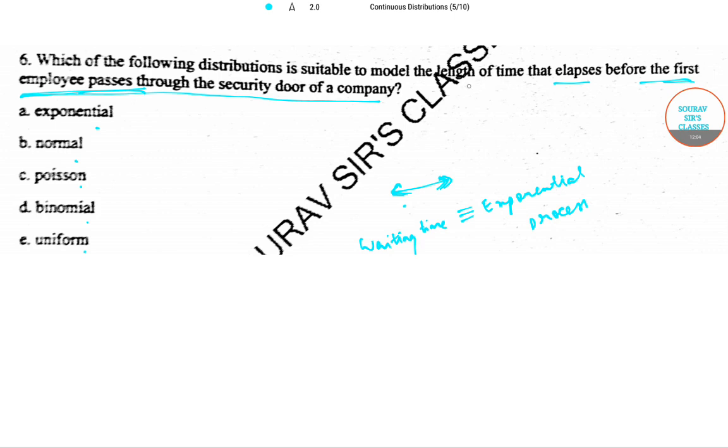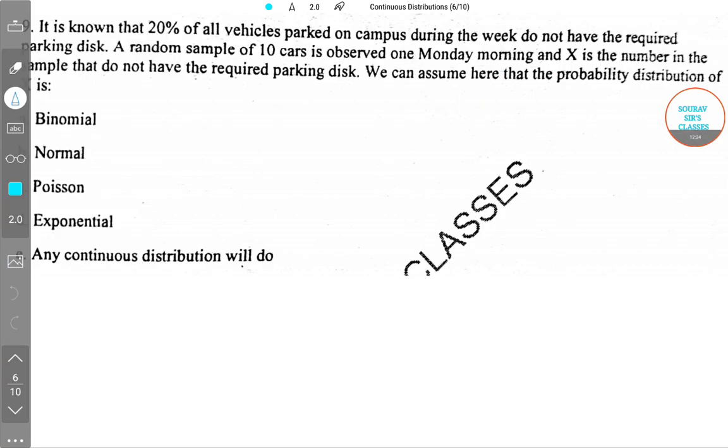So we need to observe the length of time, which equals the waiting time. Thus, the correct option is option A, exponential. Moving on to the next question.